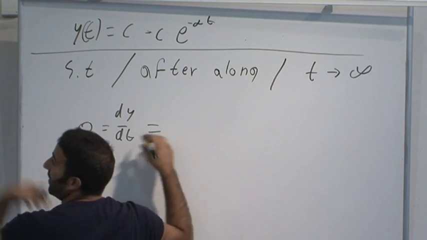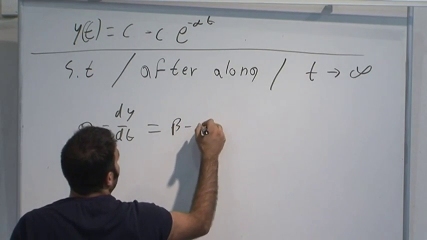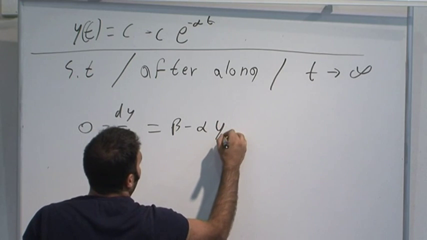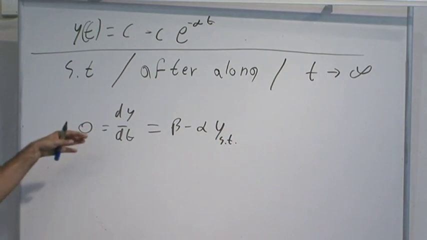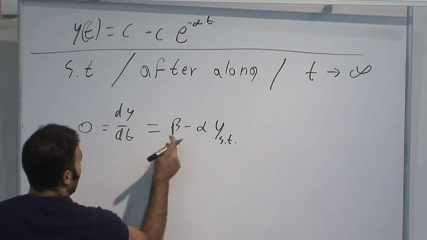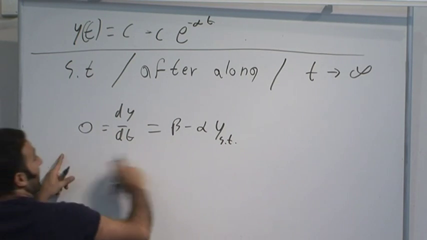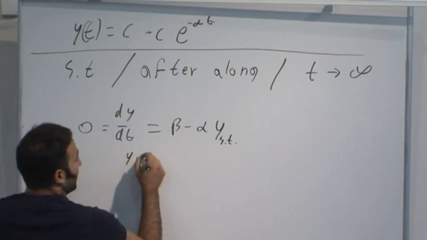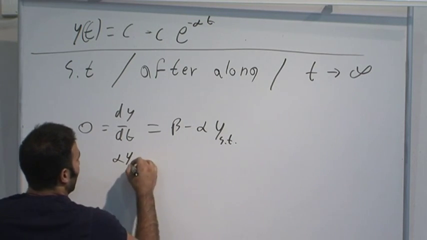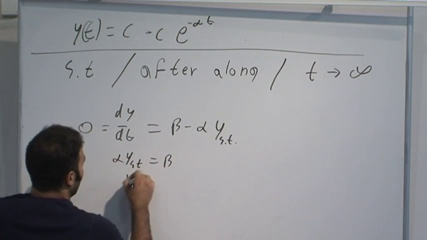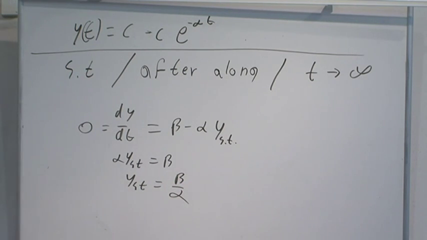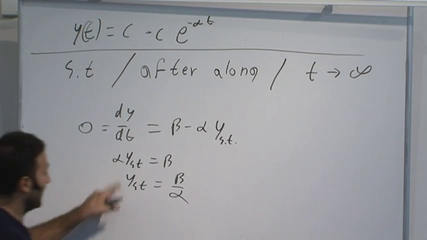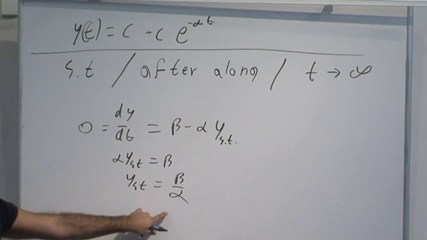On the other hand, we know it always equals beta minus alpha y steady state, y of t at infinity, right? So we can move it to the side and divide by alpha. Let me do it. Alpha y steady state equals beta, y steady state equals beta over alpha. So we know after a long time, this will be the amount of protein.